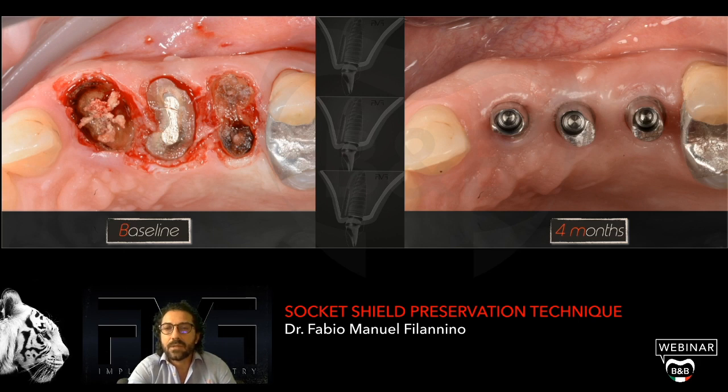Then I used bone expanders, osteotomes, and sometimes I use osseodensification. So everything, and the socket shield, everything is working to give us the best solution to maintain the integrity that we have before the tooth extraction.